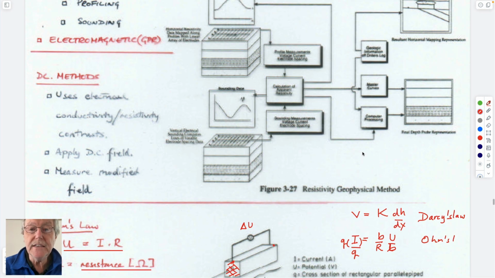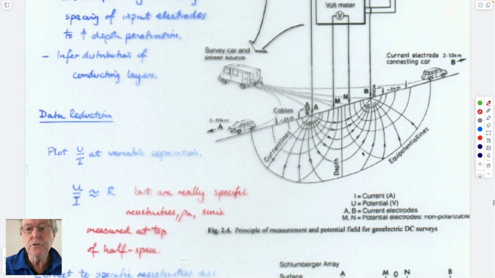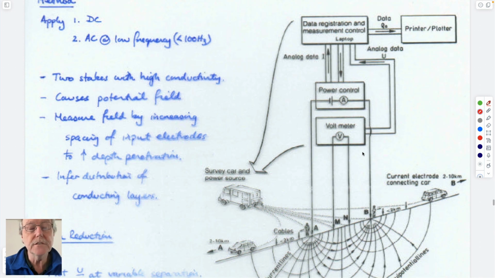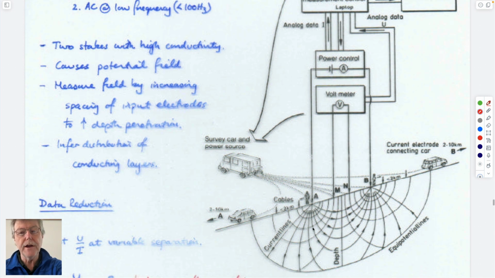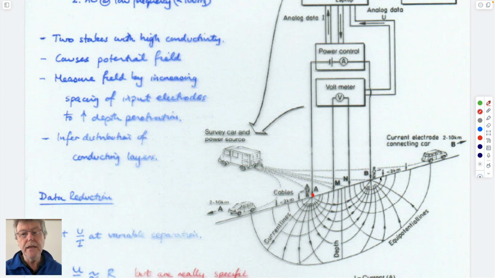And so the idea is that what you could do is you could take a voltmeter into the field, and you could take a battery. If you put a piece of rebar into the ground at points A and B, and you have a voltmeter, the same kind of voltmeter you could buy in the store, and you put two pieces of rebar in at M and N, you're putting 12 volts from a car battery, which is essentially what it is, into the ground.